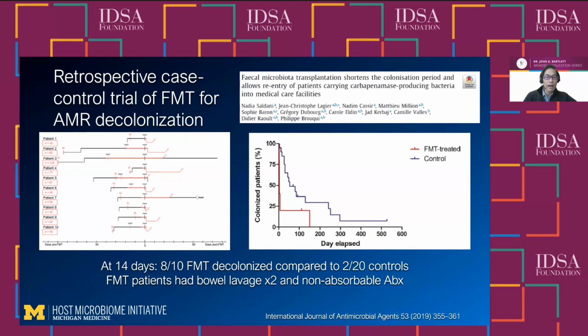And they noted that at 14 days, 8 of the 10 patients who received FMT were decolonized from their CRE carriage, whereas only 2 of 20 at the similar 2-week time point had eliminated carriage without the FMT. This was a fairly aggressive regimen. The patients had bowel lavage times 2 and then were treated with non-absorbable antibiotics before they received the FMT. Next slide, please.